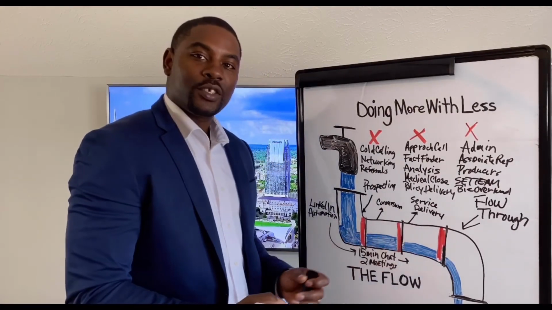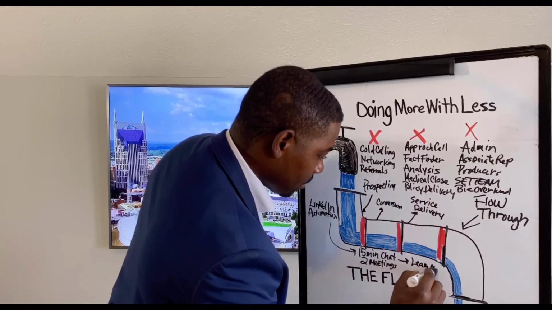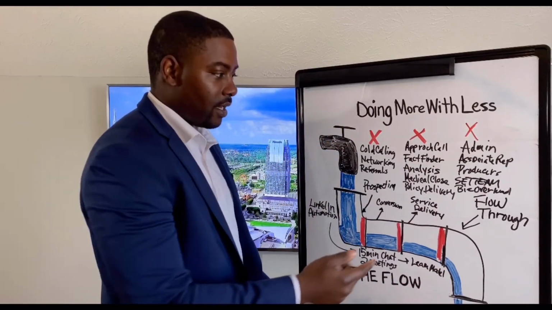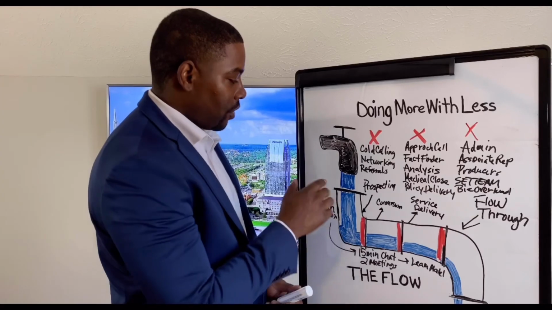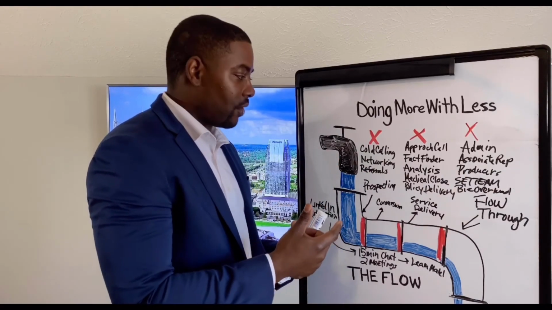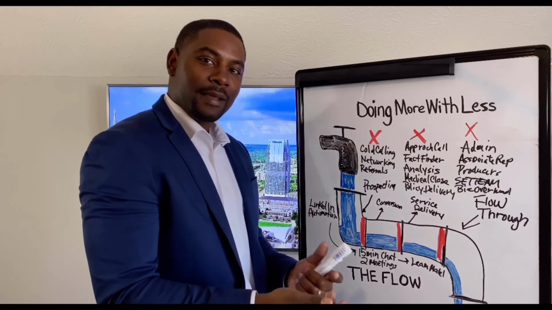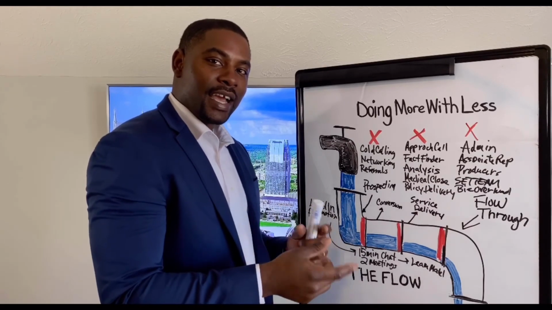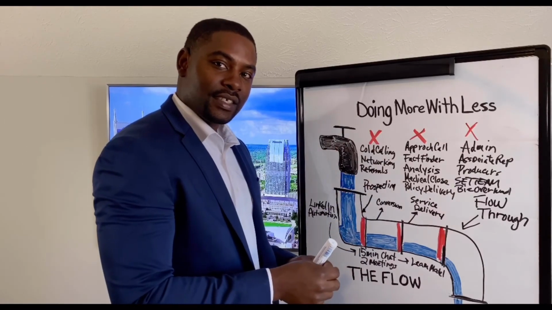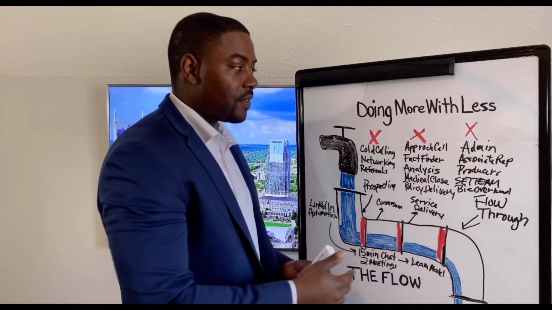And then lastly, with the service delivery, what we teach is the lean model. The most important thing is the flow through. If we can automate the prospecting so you're not spending 80% of your time focused on prospecting and 20% in meetings, and you flip that so you're spending 80% of your time in fact finders and closes, then you have more time to do the service delivery.